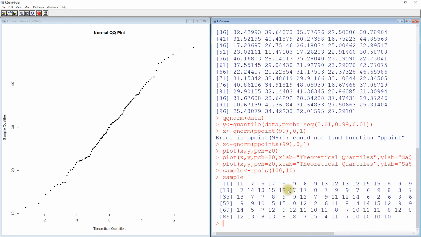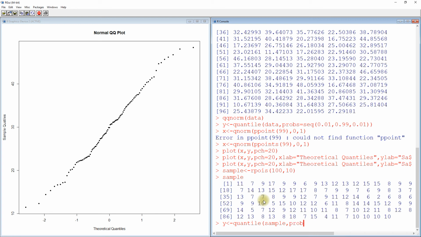When I've got that, the next step, as I explained to you, is to obtain your quantiles from that data. Let's suppose this is our data. So we want to generate quantiles from the data, which is called sample, and I do the same kind of thing that I did earlier.